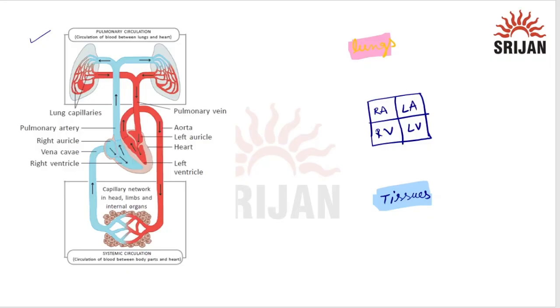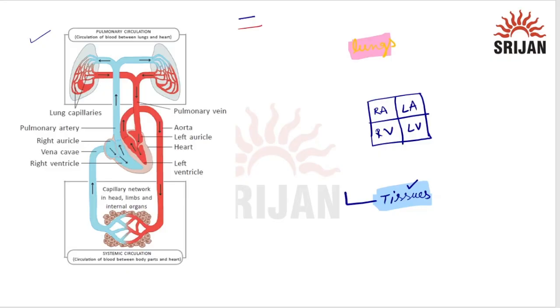Suppose in these tissues the oxygen has been utilized. As we know, if the oxygen has been utilized, then that blood is known as deoxygenated blood. Suppose in this diagram, I will draw the deoxygenated blood with the blue color and oxygenated blood with the red color.